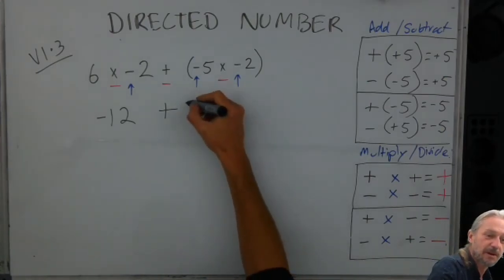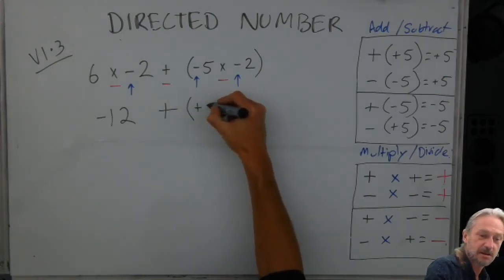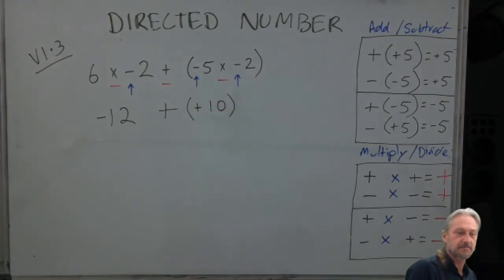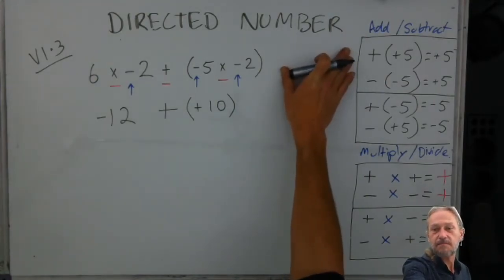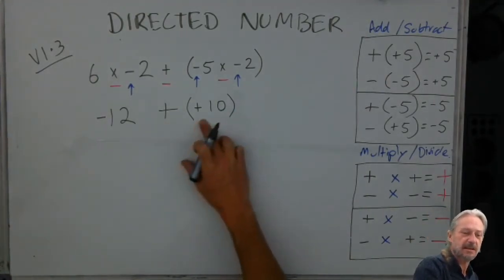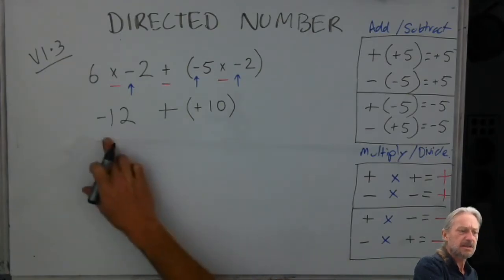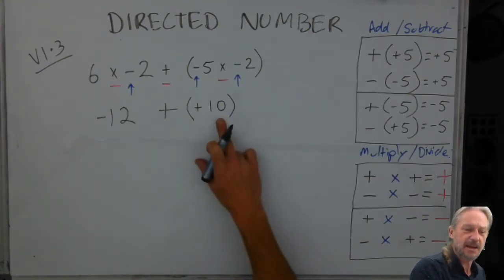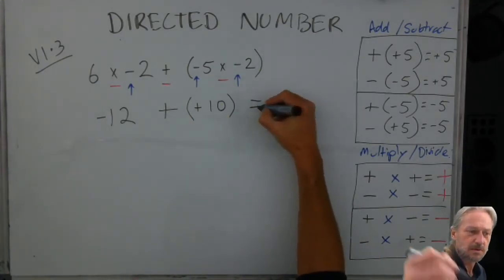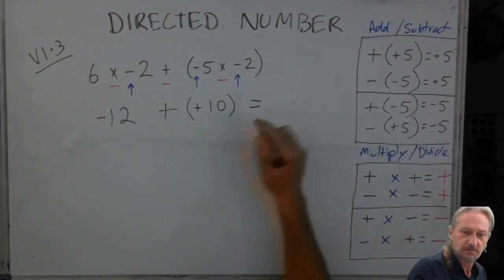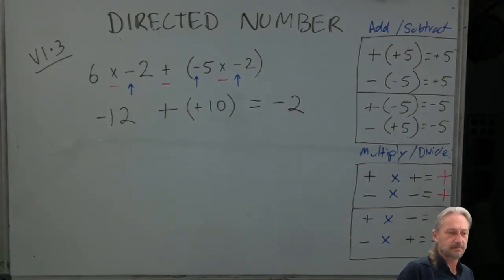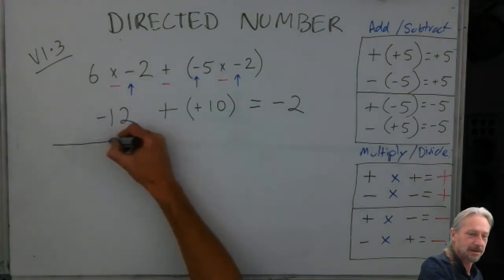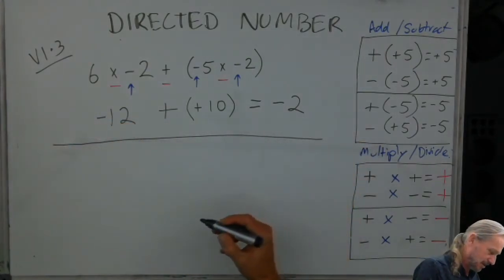So we're going to end up with, and I'll keep it inside brackets, positive 10. So we can do the thing that we did up here. Two positives together means we're just adding, starting at -12, and we're adding 10. This equals -2. Hope that makes sense.